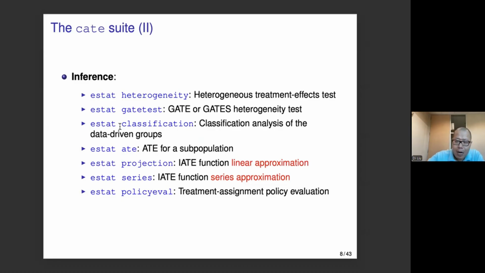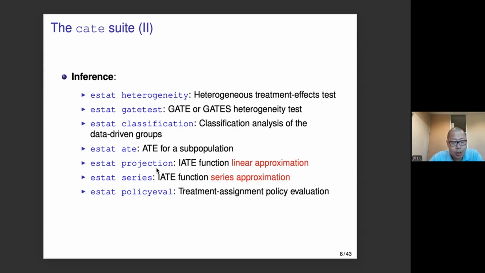So after the data discover some groups, we want to learn how certain variables change between these groups. So this is learning how the Xs change with treatment effects. That's like classification. Estat ate is the ATE for a subpopulation.